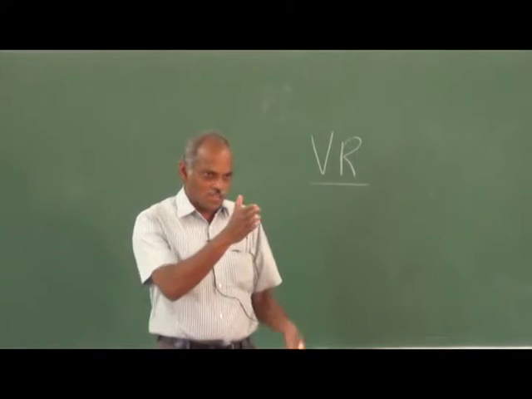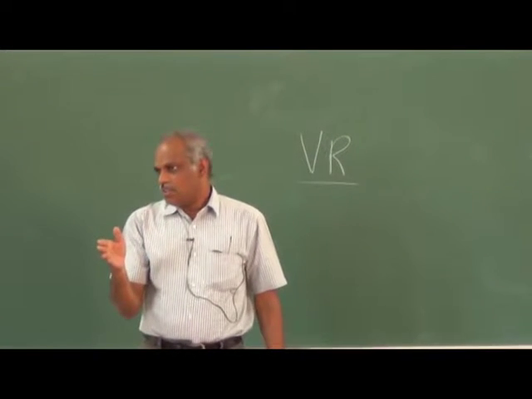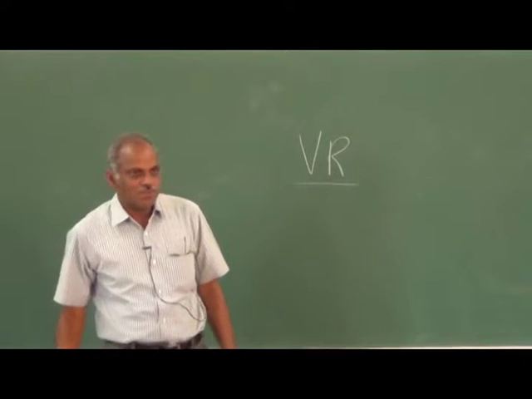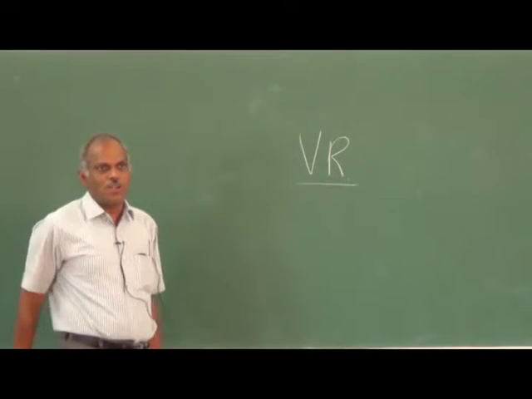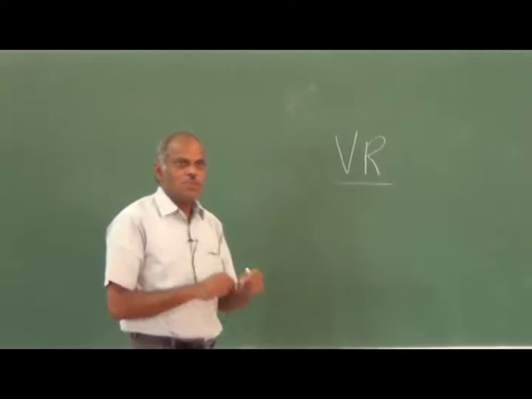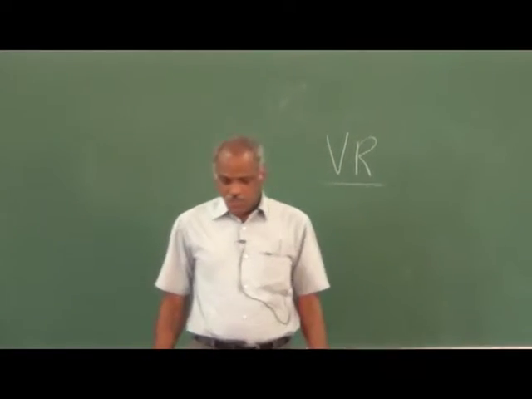In reality, if I look here, I see a different section of people. If I change my head and look, I see a different section of the people. But if you take a static photograph or even your video camera, you will always see the same picture. So the view will not change.